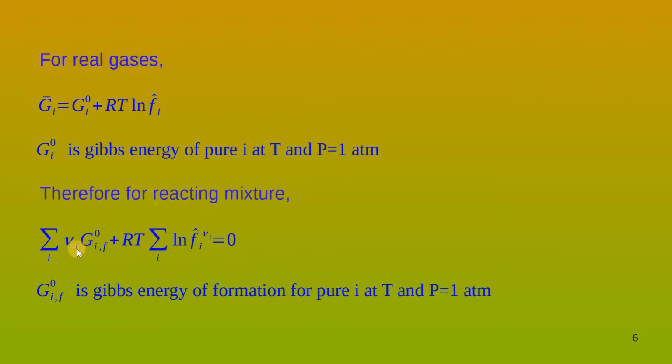So naturally we get GiF, the Gibbs free energy of formation of pure species i at 1 atmosphere pressure, multiplied by its stoichiometric coefficient, plus RT. Now if nu i was multiplied to ln Fi, we can always take nu i to the superscript, or raise Fi to nu i. So we have RT ln of Fi cap raised to nu i. This is equal to 0.